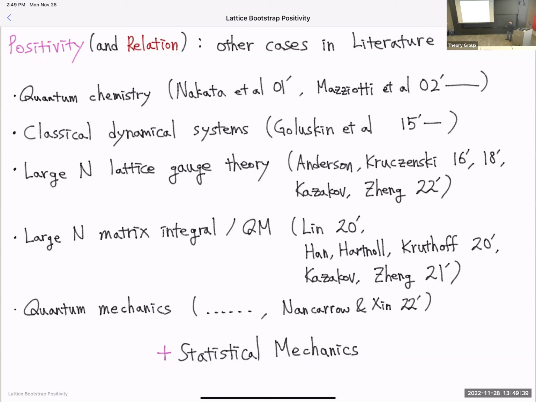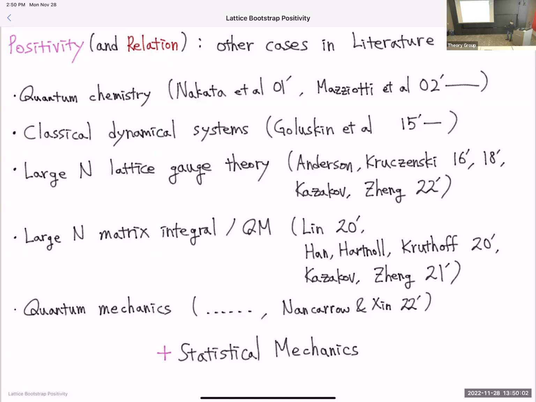Of course, there's by now a classic work by Henry Lin in the context of large N matrix integrals, which soon got generalized to all these matrix quantum mechanics. And over the past two years, there have been a plethora of quantum mechanical bootstrap papers. I simply couldn't write all of them down here, but I wish to point out this work in particular.